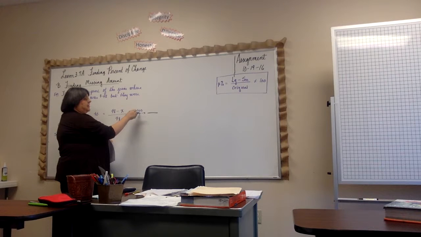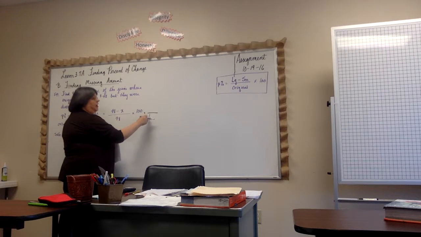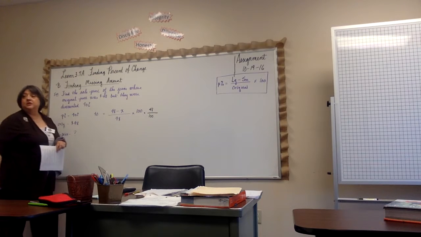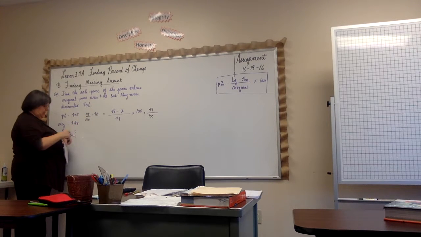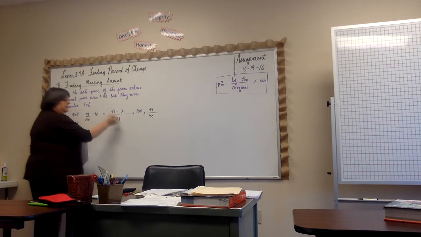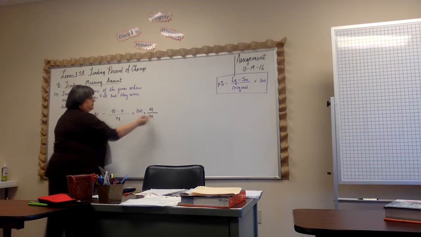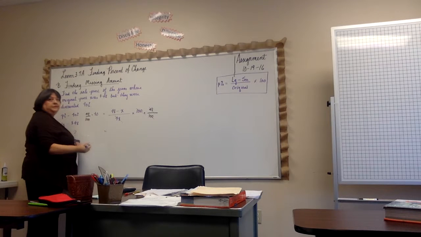Let's get this 100 and this 48 off of there by putting the 100 underneath and the 48 up top. I have to do it on both sides. That'll cancel this one and this one and really help a lot.